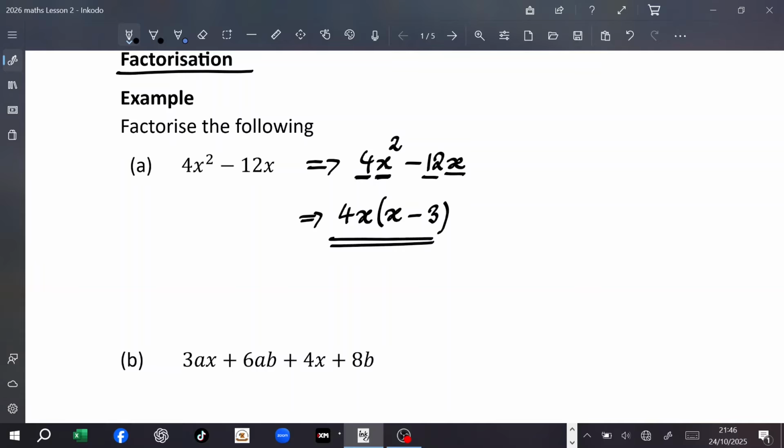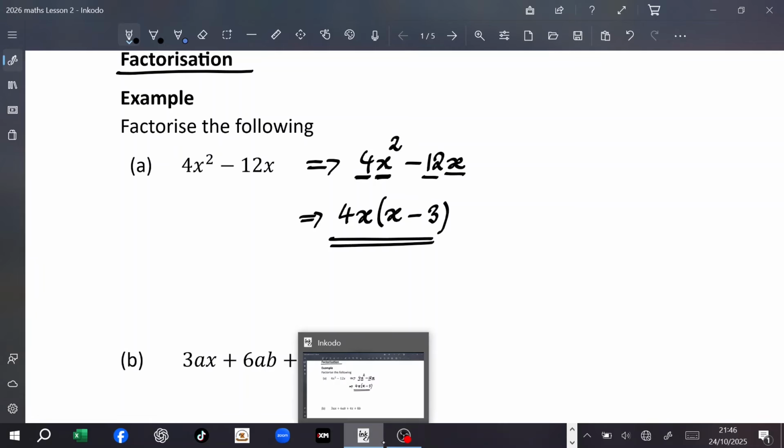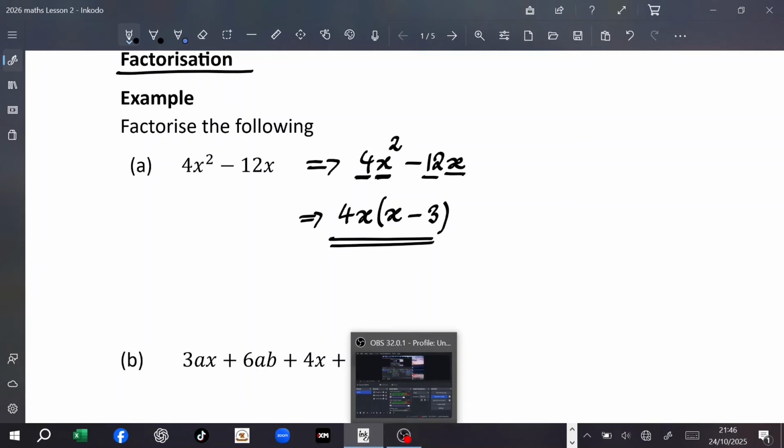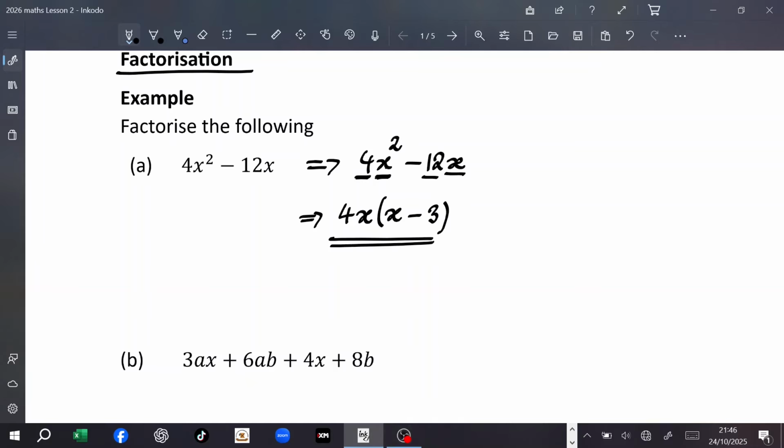Now, remember I told you factorization is the opposite of expansion. So if you want to prove whether your factorization was correct, just try to expand it. If you have 4x open brackets x minus 3, and it gets back to the original expression, then you are correct.